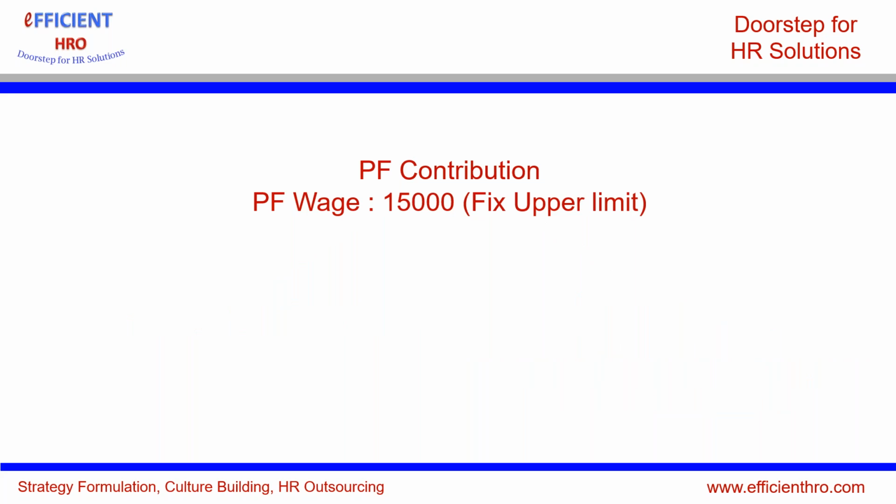That is where the PF wage is considered with the deduction based on the upper ceiling of 15,000. Okay. So if an organization is considering that the PF upper ceiling limit is 15,000, then how will the deductions happen?